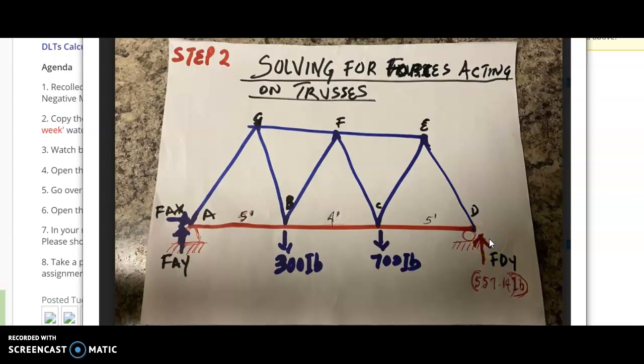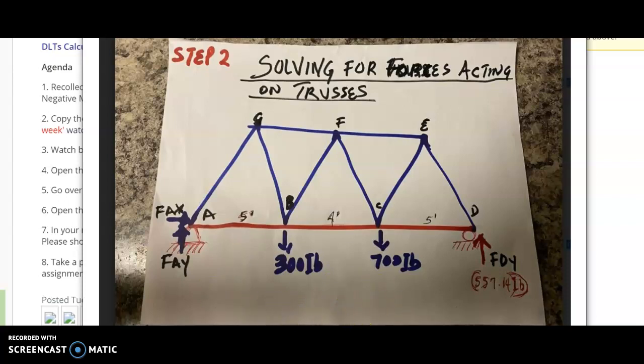Now for step one, you need to go back to the notes for last week, the step one of the problem, to read the notes and follow the steps. For step two, you're meant to calculate using summation of forces, equation 2 and equation 3: summation of forces on the x-axis, summation of forces on the y-axis.